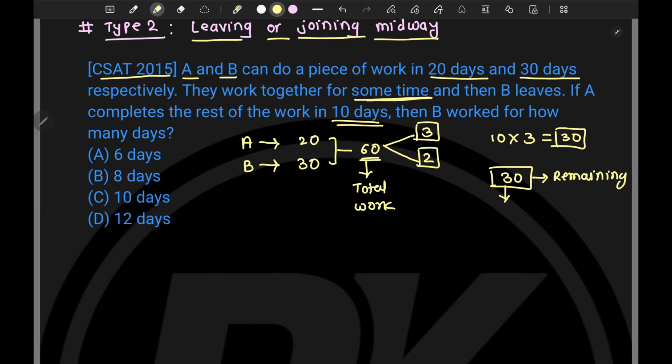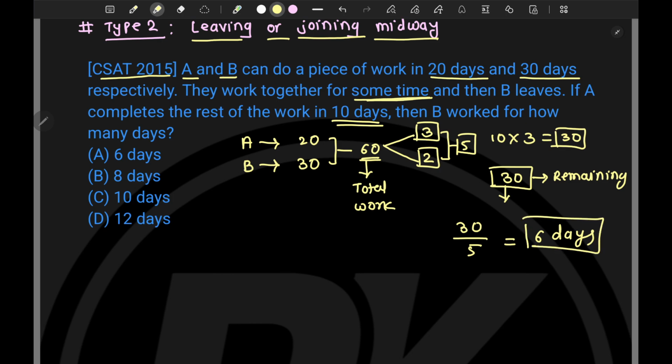And this is done by A and B together. Now A and B together can do 5 portions of the work, right? Then tell me, to complete 30, how many days do they work together? So 30 divided by 5, and hence the answer is 6 days, right? A and B work together.